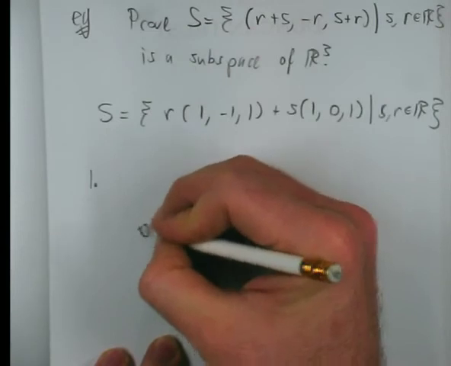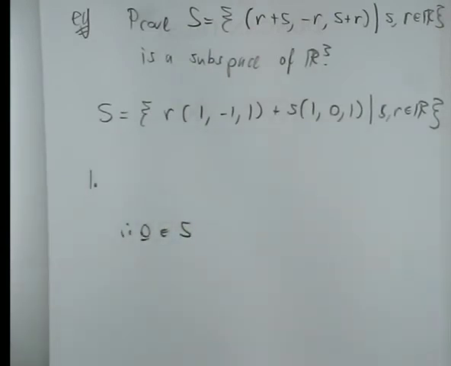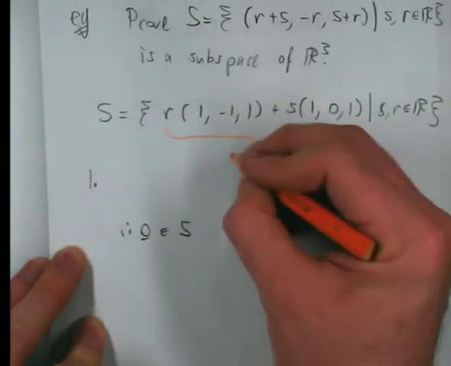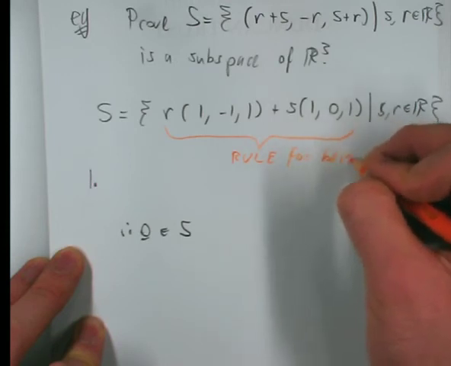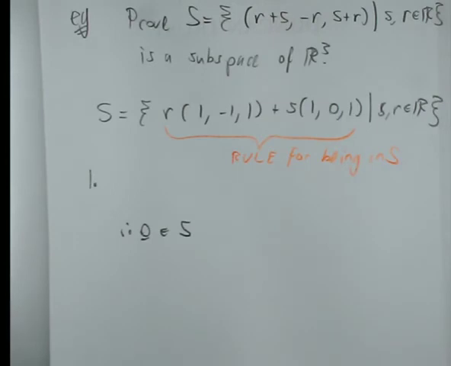First, I need to say something that allows me to say that 0 is in S. So what's my rule for being in S? My rule for being in S is that it must be possible to write my vector in that form.